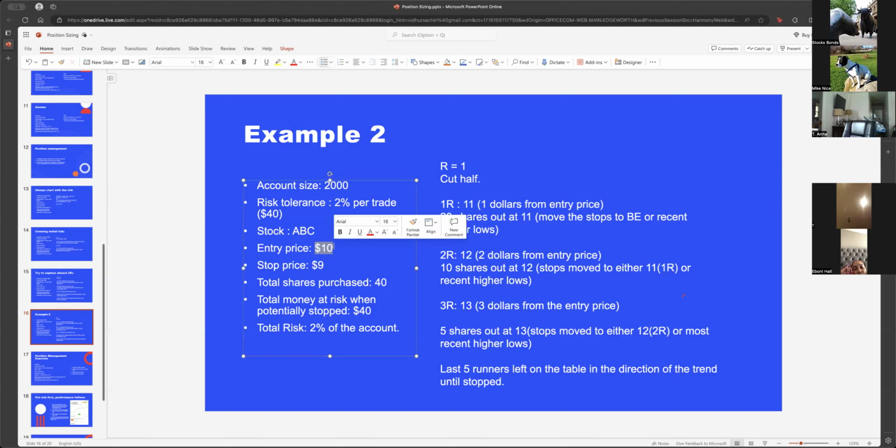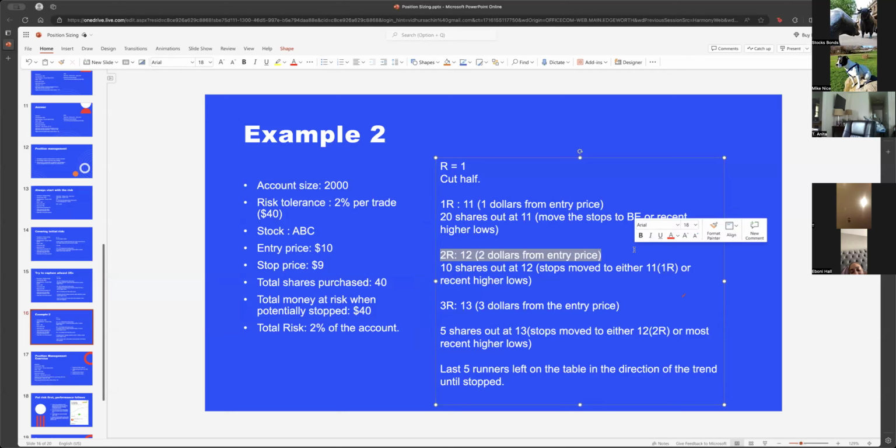So let's say on Monday the market opens. The stock price goes up $1 from your entry, so the stock is trading at $11. $1 from the entry price, you captured 1R. What do you do? Immediately cut half of your position and move your stop losses to either break even or the recent higher lows. Now, let's say the stock price goes 2 times your stop loss to the upside, to $12. The next cut will be made right there.